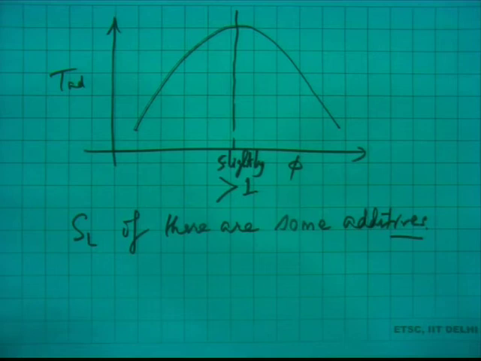Generalizing this is difficult, so we will just take one or two examples. One is that if you have non-reactive additives, if you add, let us say, nitrogen or argon to the flame, what will you expect to see?